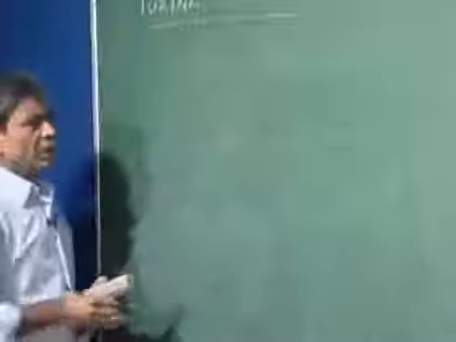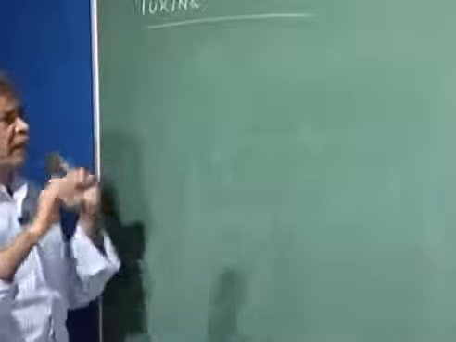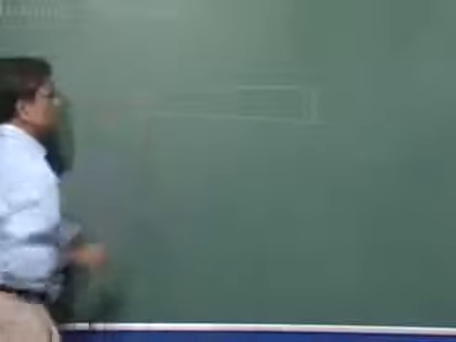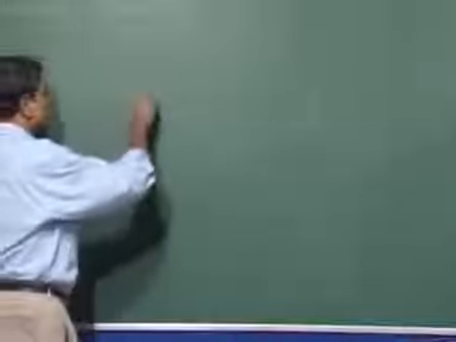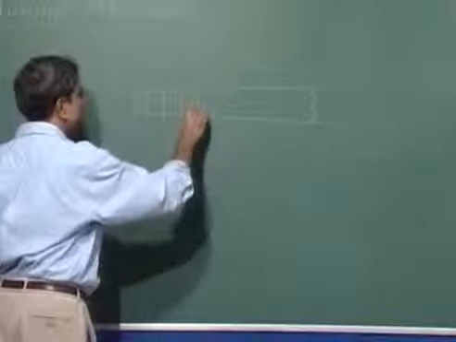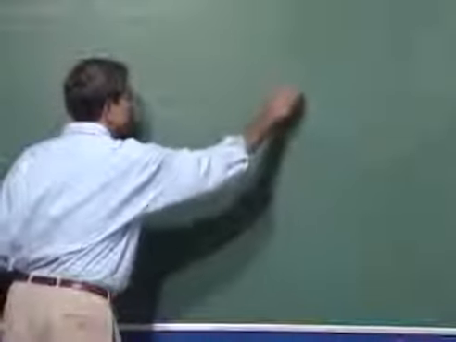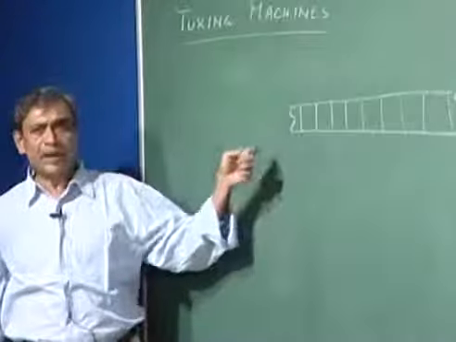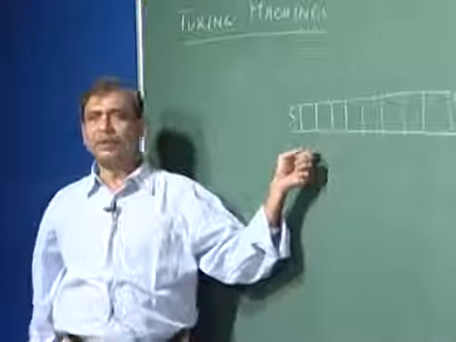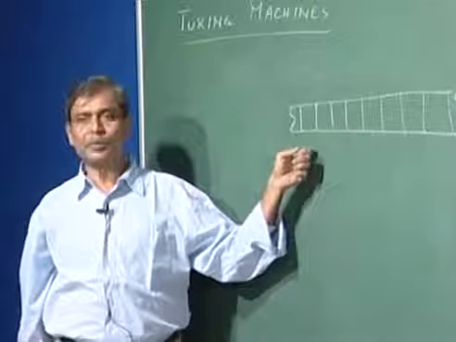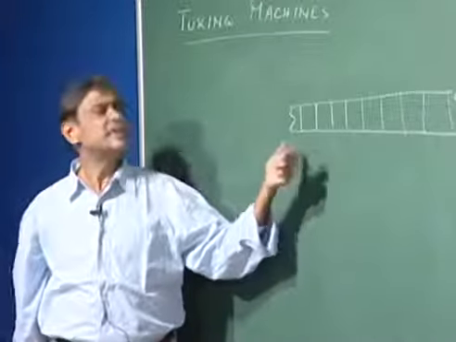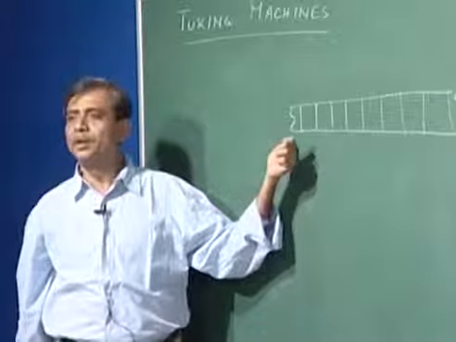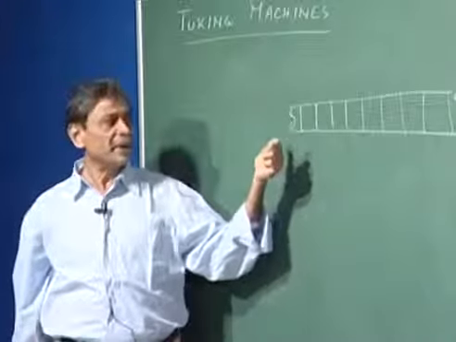All right. Turing machines, let me draw a diagram, trying to describe what a Turing machine is. First of all, what we have is a tape, and we are already familiar with the notion of a tape. For example, we have seen finite state machines, where the input would be on the tape, as well as for pushdown automata. So, this is a tape that a Turing machine uses, but there is a difference between the tape finite state machines use and Turing machines use.